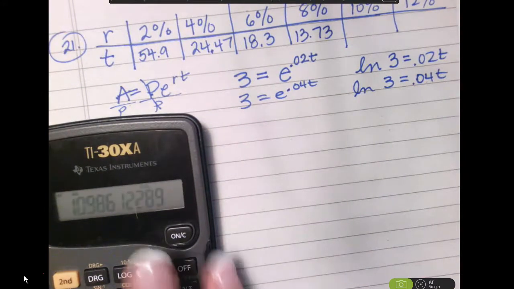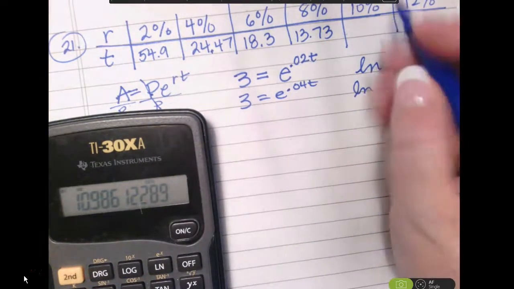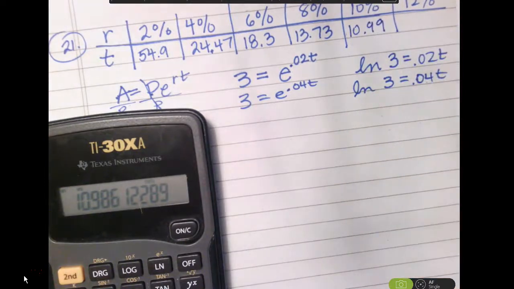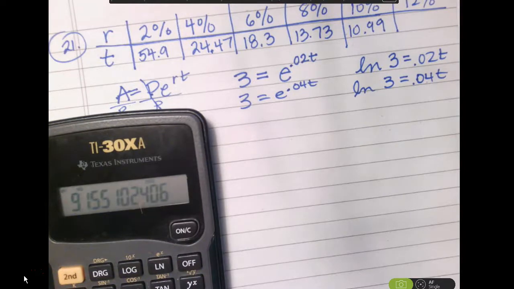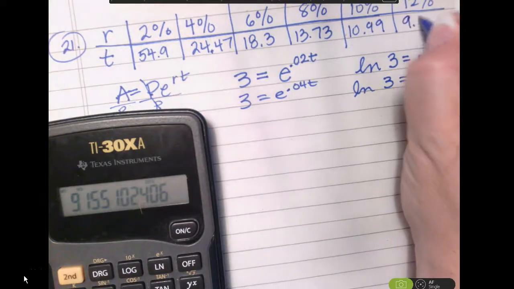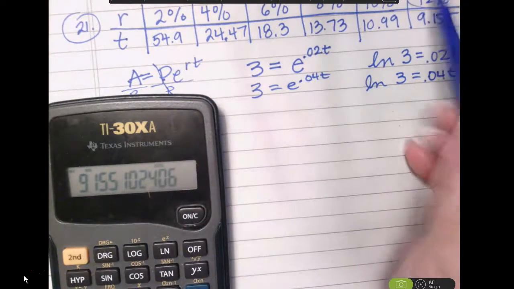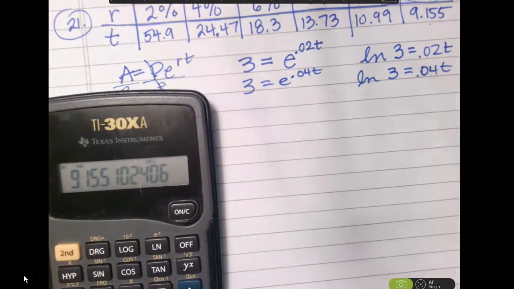Natural log of 3 divided by 0.1, 10.99 years, and natural log of 3 divided by 0.12, that's 9.155. So obviously the higher the interest rate, the shorter amount of time you have to wait for your money to grow to be 3 times as big.